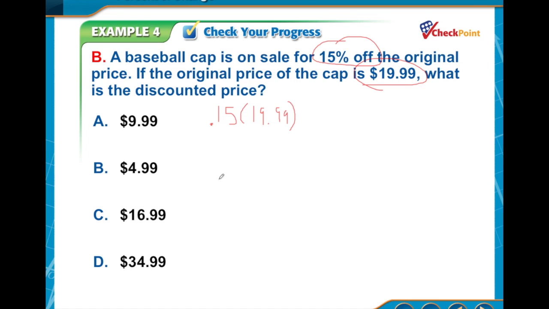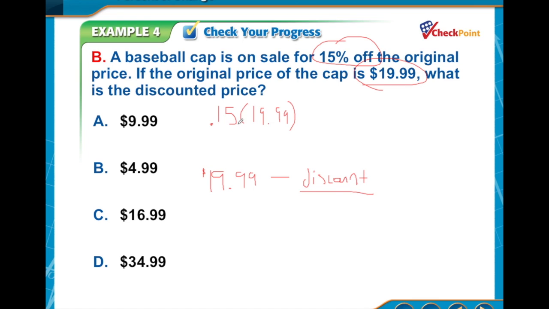And then we'll have to take our original value, that $19.99, and subtract whatever this discount is. So $19.99 minus the discount will give us that final price that we have to pay.